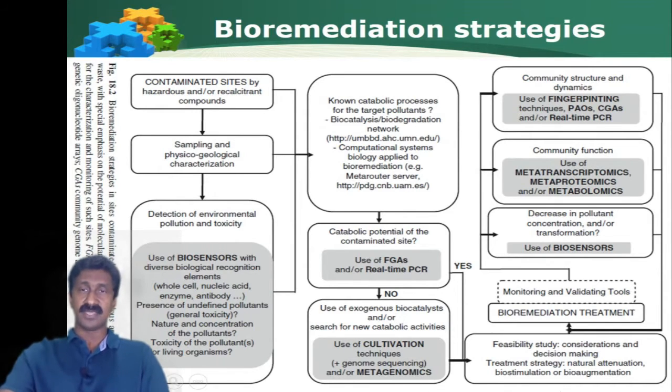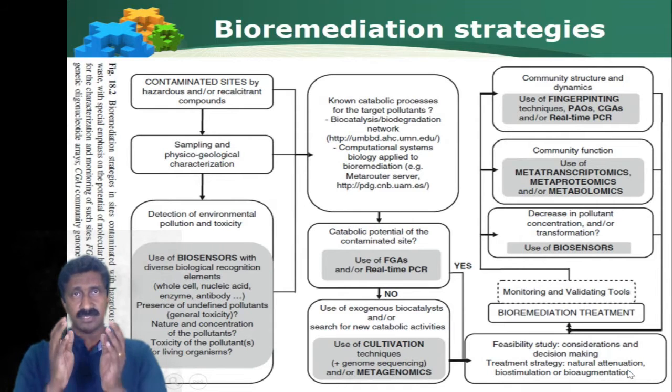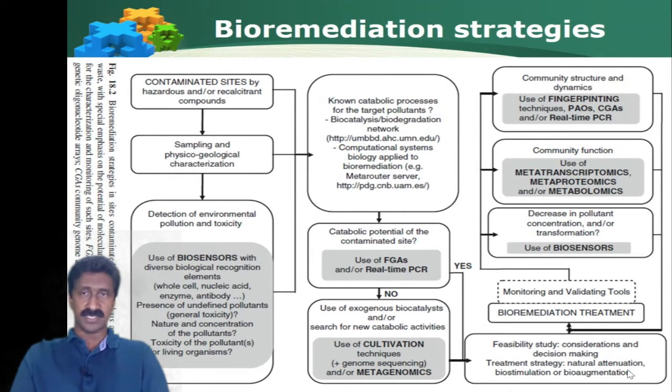For example, here we can see the feasibility study of the treatment, which takes into consideration different strategies. The treatment strategy is actually based on natural attenuation. Natural attenuation means the role of the naturally existing organisms in the environment on the treatment. Then biostimulation and bioaugmentation.